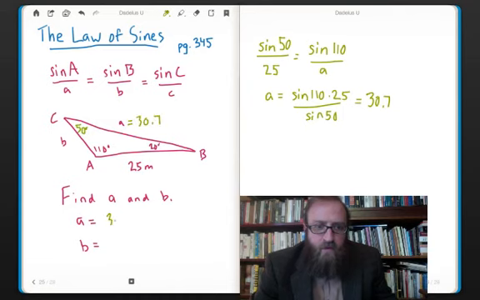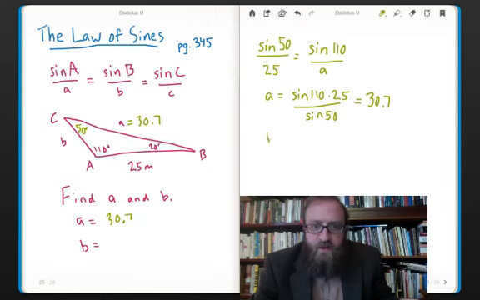And that we've solved for the first mystery side. Now, let's solve for B. To solve for B, we do the same thing.